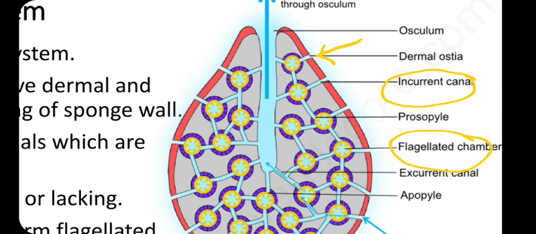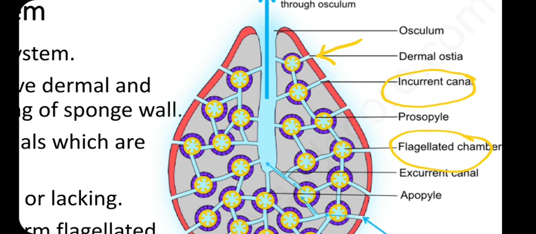So through the dermal ostia water comes to the incurrent canal, and from there it goes to the flagellated chamber. Now this entry is again called the prosopyle. There too it was called a prosopyle, here too it is called a prosopyle only. Change is only in the structure of the canal.